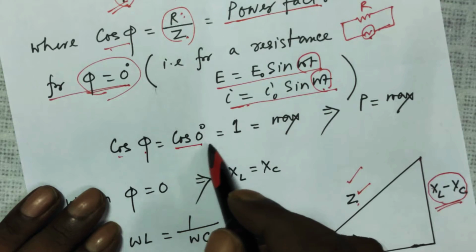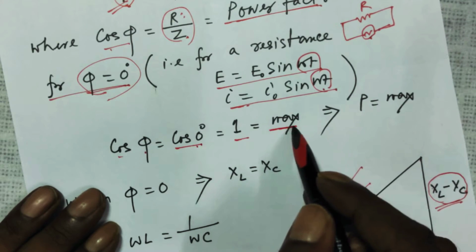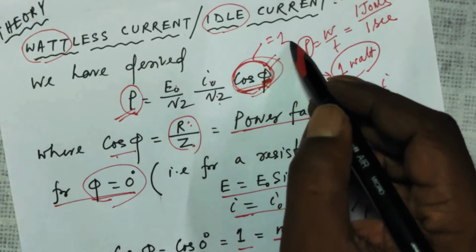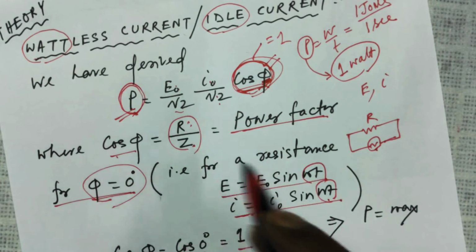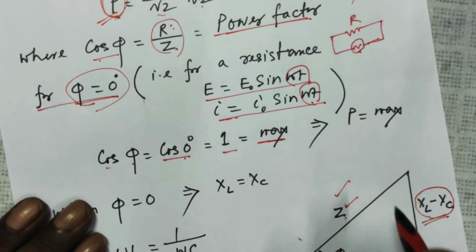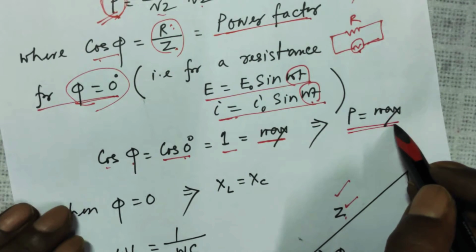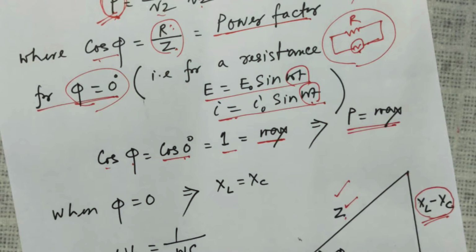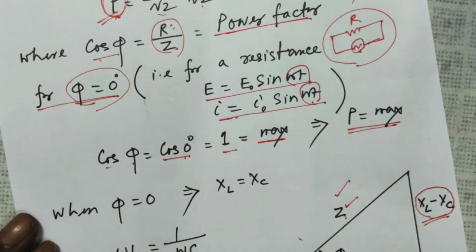Cos 0 is 1, that is maximum. So if this part is maximum, that is 1, then your power becomes maximum. So your power becomes maximum in a circuit like this, where we don't have an inductor or a capacitor.